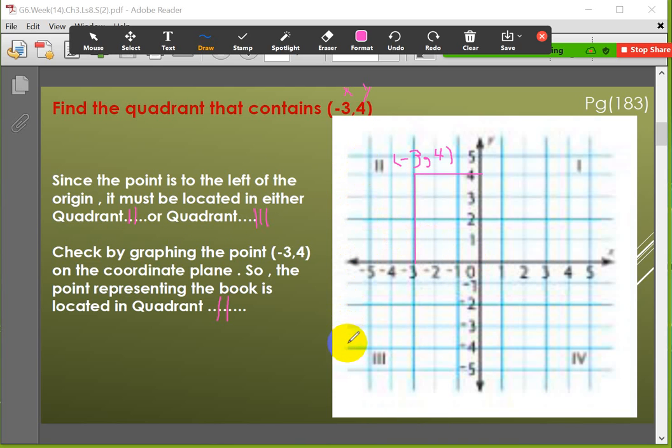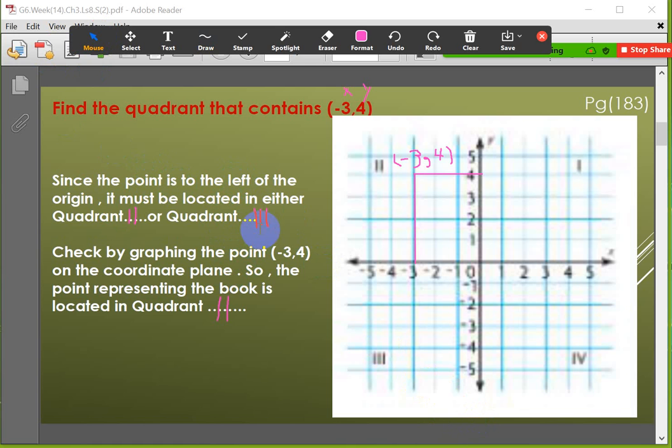But because the y is positive, that means this point will be located in the second one, because the y is positive, not negative, okay? Okay, Lina?